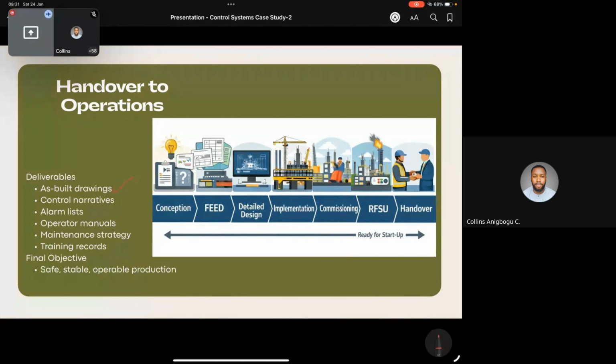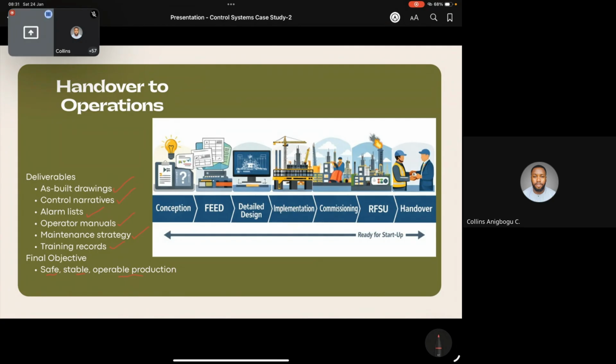So that's what we call the as-built drawings. You have your control narratives. You have your alarm lists and all the settings. You have your operator manuals, the maintenance strategy, and the training records. So the final objective is to have a safe, stable, and operable production.